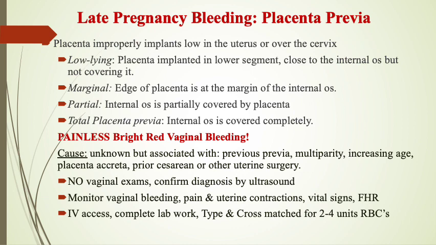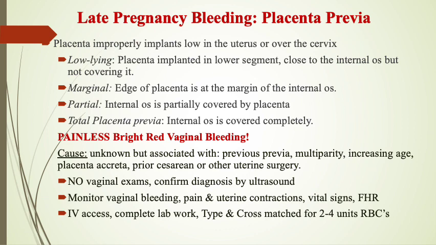Placenta previa can be low-lying, marginal, partial, or complete. In a low-lying placenta, the placenta is implanted in the lower segment close to the internal os or opening, but not covering it.